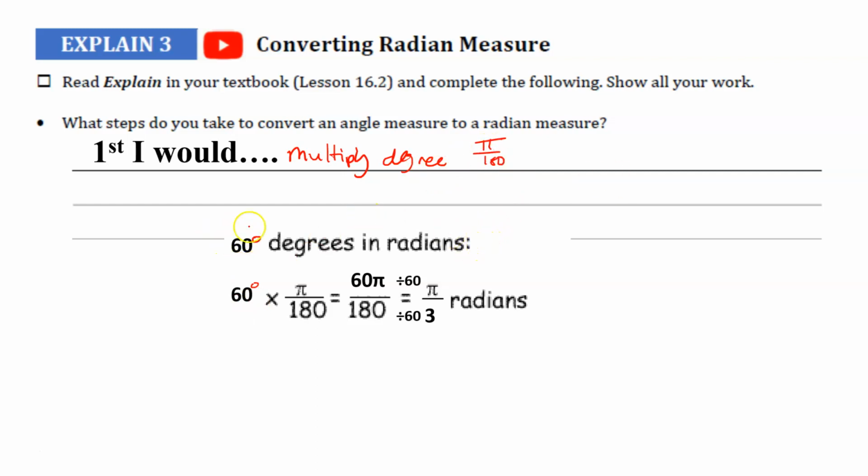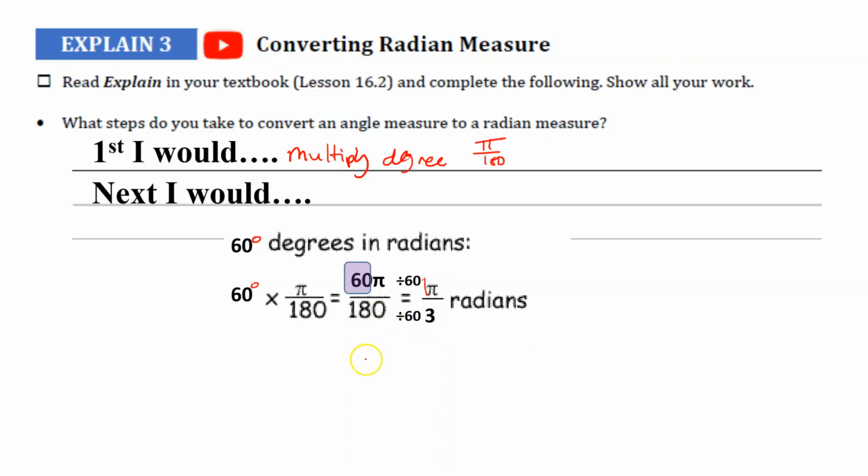The next thing I'm going to do is you'll notice I'm just multiplying 60 times pi, which is just 60 pi. I'm just putting the number and the symbol together. So how do I reduce that? Well, notice how I'm just dividing by 60 for both. So 60 divided by 60 is 1, and 180 divided by 60 is 3.